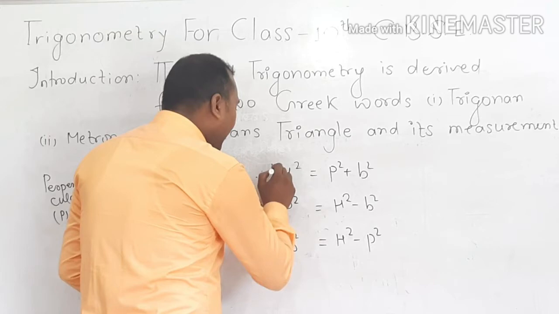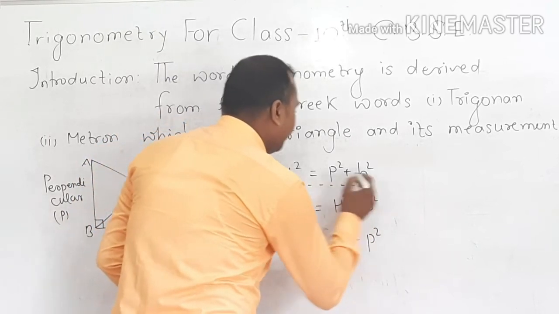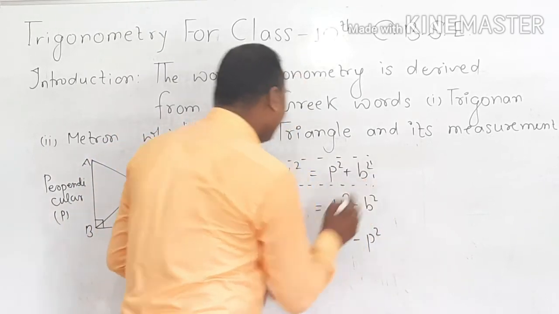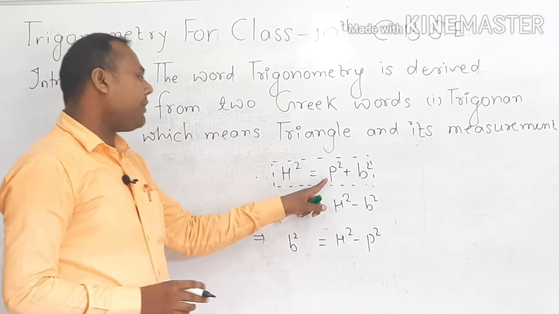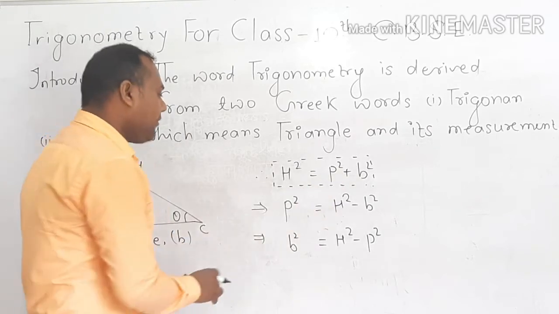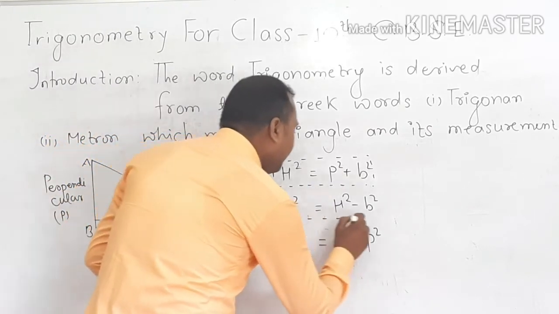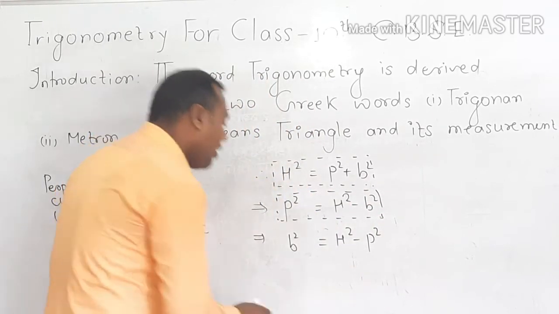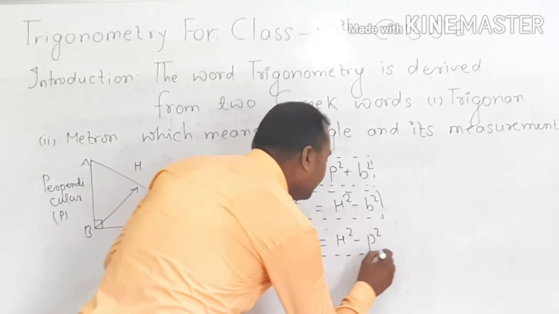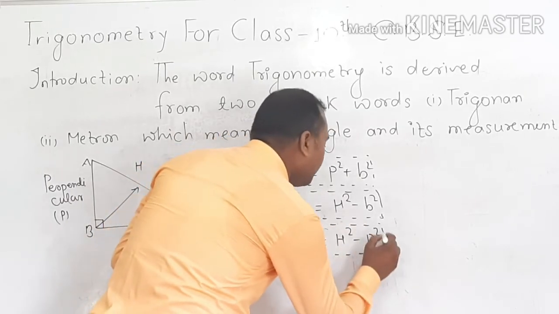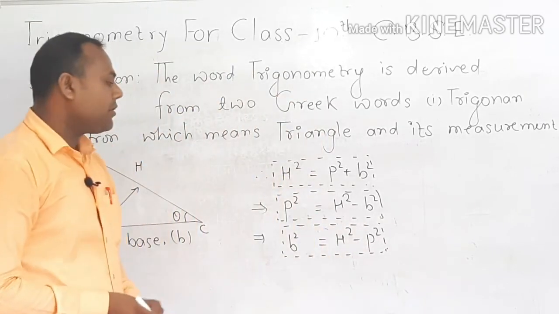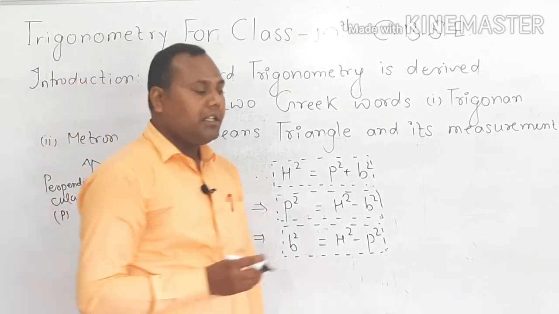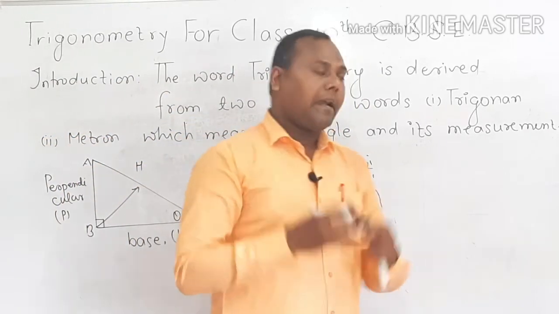So we have to highlight these three formulas. The first one is H square equal to P square plus B square, the second one is P square equal to H square minus B square, and the third one is B square equal to H square minus P square.